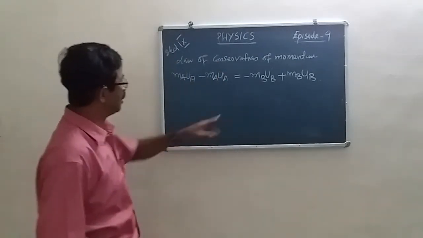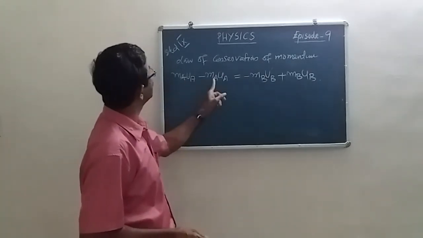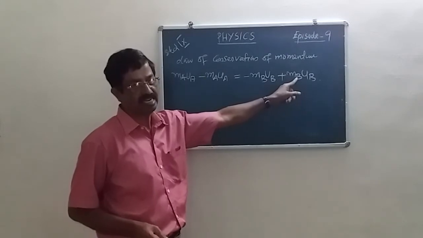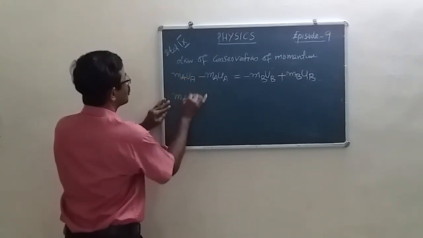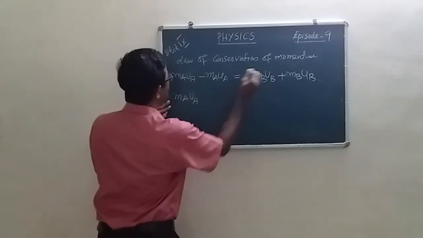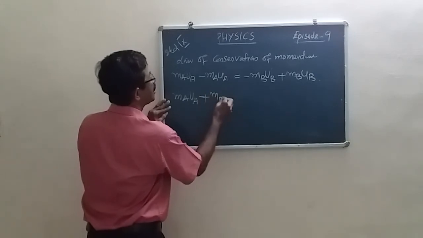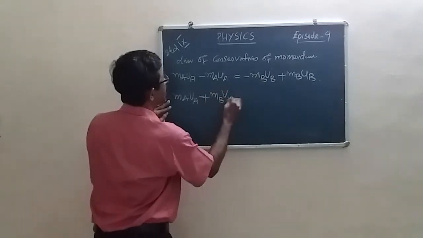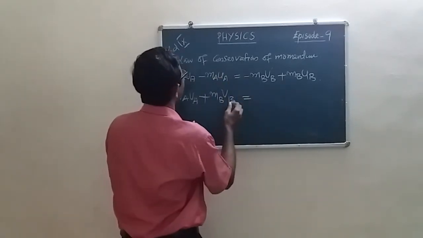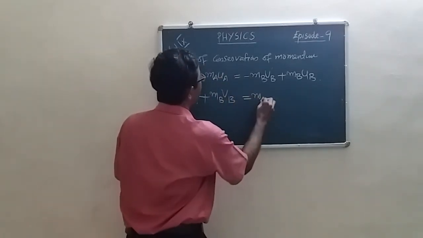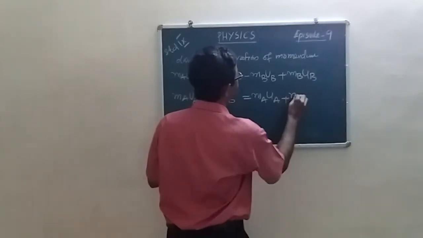Now these minus terms we can shift to this side, and this minus term to this side to make it positive. That means M_A V_A plus M_B V_B is equal to, this minus term will come as plus M_A U_A plus this term.